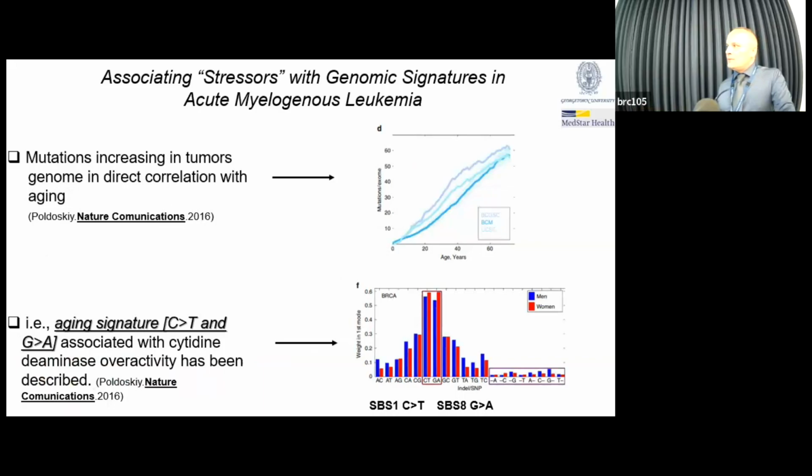You can see the frequency for CT and GA is in high proportion for breast cancer, especially in elderly patients. CT, GA: oxidative stress. CT, I already mentioned: clock-like, cytidine deaminase hyperactivity.